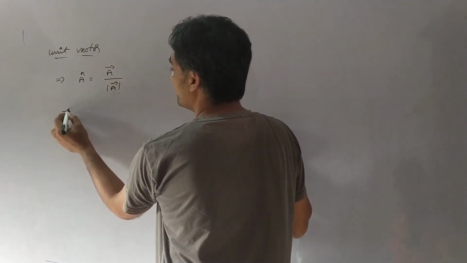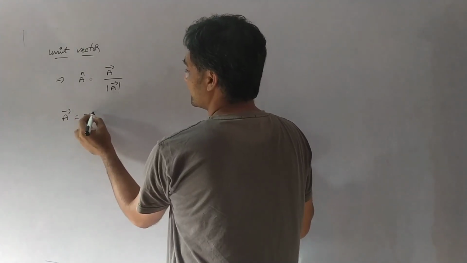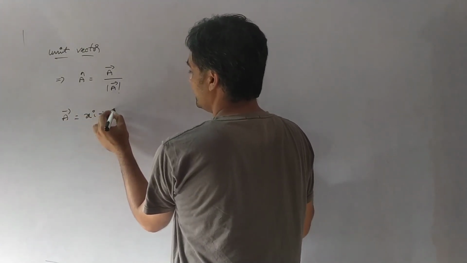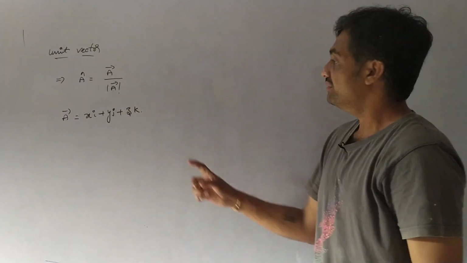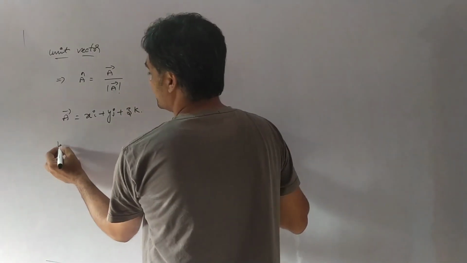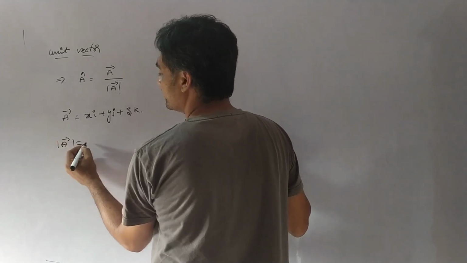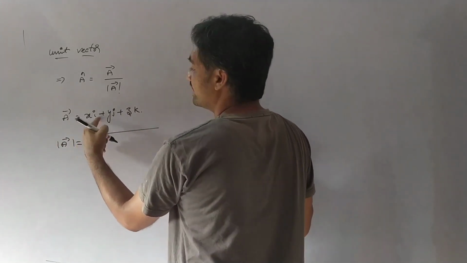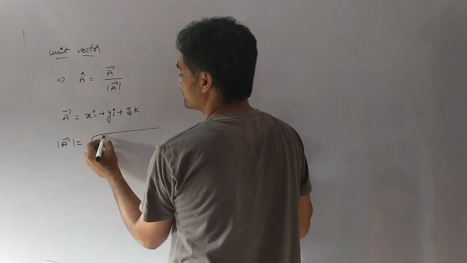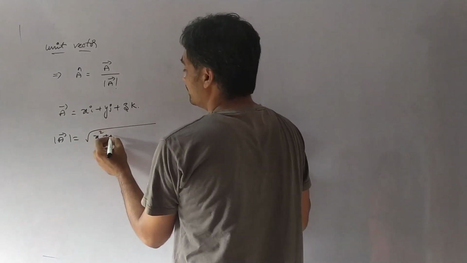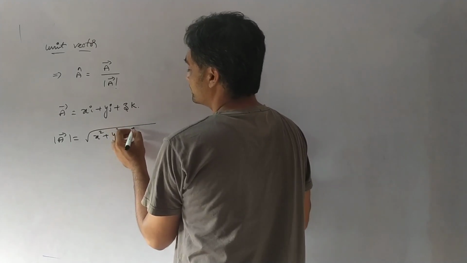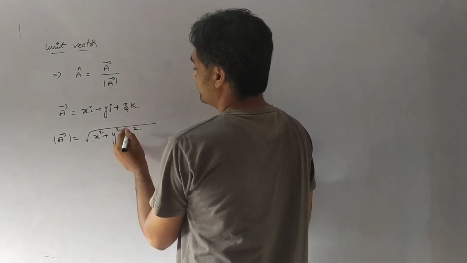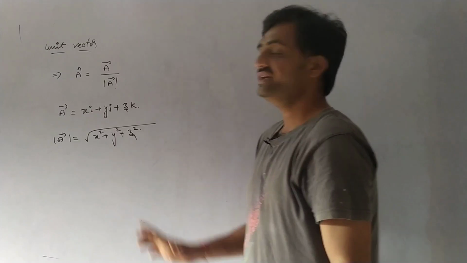Here this a bar is given as xi plus yj plus zk, whereas the modulus of this vector a bar is given by the magnitude of the i component, x square, the j component, y square, and the k component, z square.